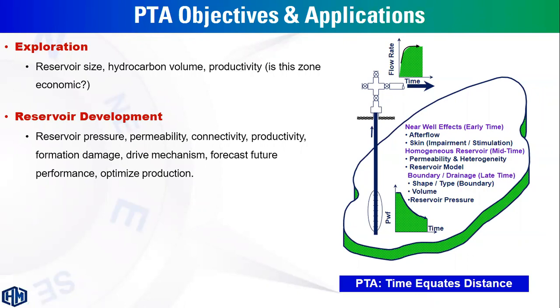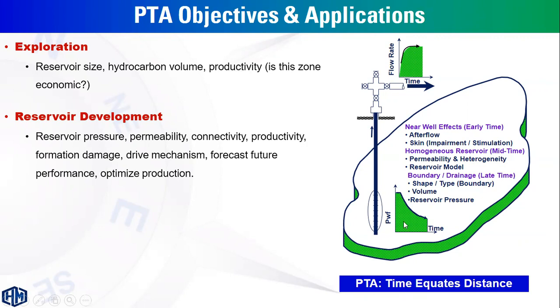And for the late time data, you have the information regarding the reservoir boundary, reservoir shape, and accordingly the reservoir volume. And on surface, as mentioned, you need to have flow rate data versus time.